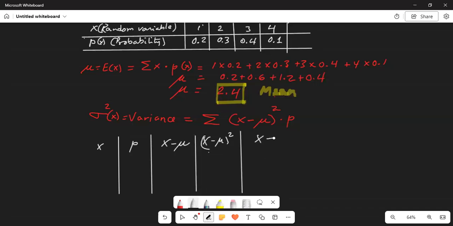Then the x minus mu squared value multiplied by the corresponding probability.